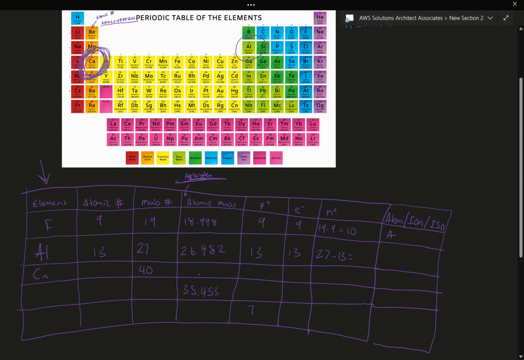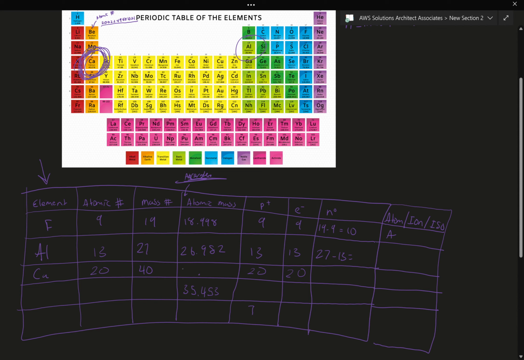And knowing that we're working with calcium, pause this video and fill out the entire table yourself. We know that calcium has atomic number of 20. And because it has atomic number of 20, that also makes it have 20 protons and 20 electrons. The average atomic mass is exactly the mass that is given to us on the periodic table.